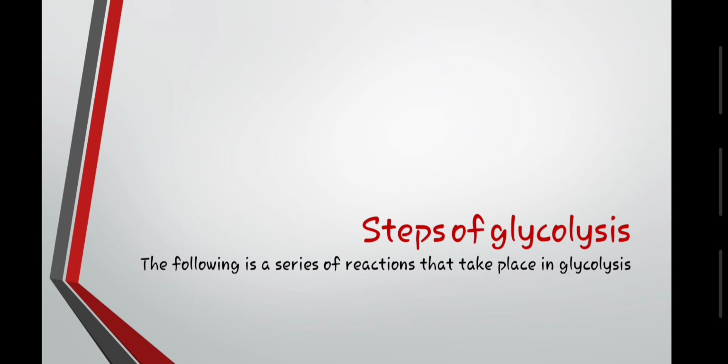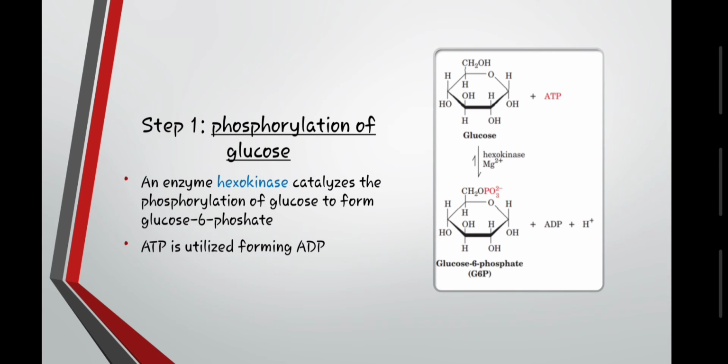So let's now look into the steps which are involved in glycolysis. The first step, or first reaction, involves the phosphorylation of glucose. So you have your glucose molecule at the beginning, and you need ATP. ATP is utilized. So a phosphoryl group is taken from ATP and attached to carbon number 6 of glucose, as you can see on the figure.